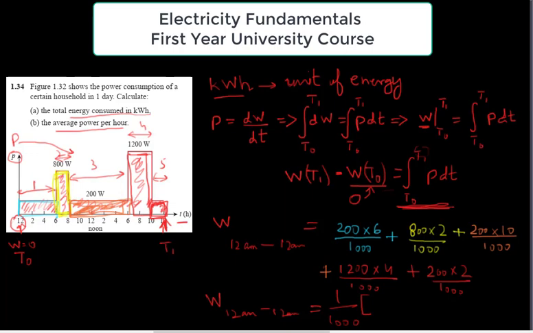So that would result to 1200 plus 1600 plus 2000 plus 4800 plus 400.